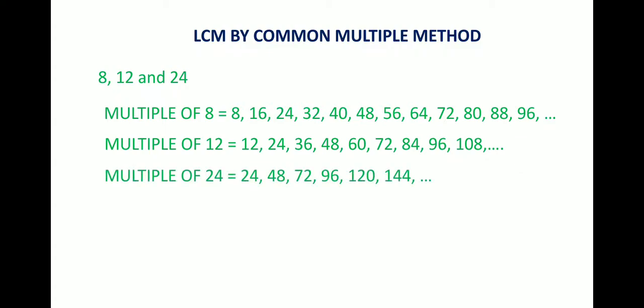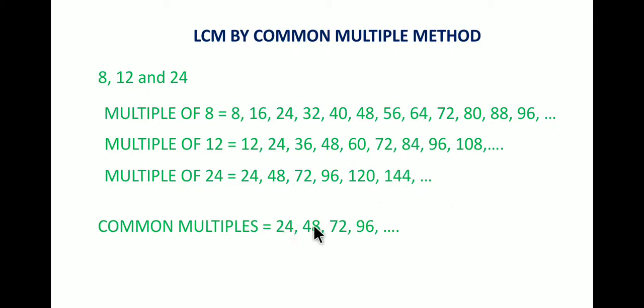Similarly, the multiples of 24 are 24, 48, 72, 96, 120, 144, etc. So the common multiples are, let's see, 24 is present out here and 48 is present in all three. Similarly, 72 is present in all three and 96 is present in all three. And if you move further with the multiples of 8, 12 and 24, you will find some more common multiples.